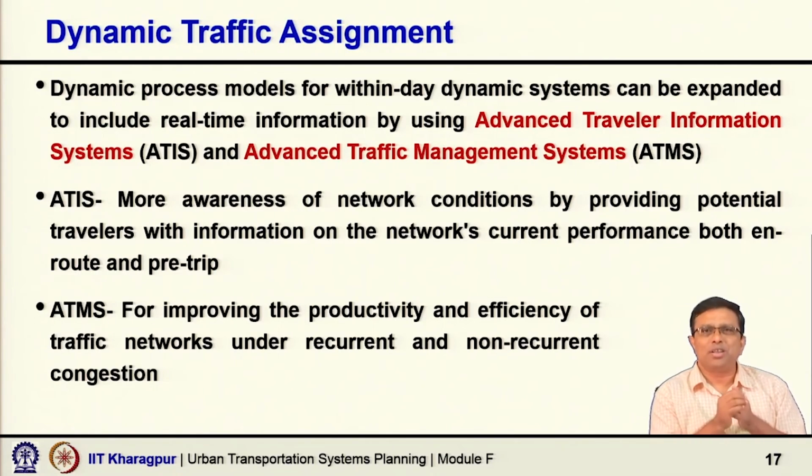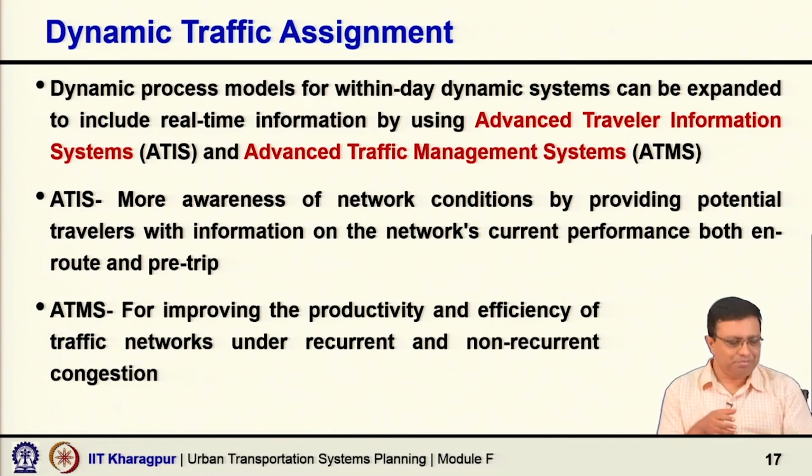What is non-recurrent? Suddenly one vehicle breakdown has come, so suddenly congestion happens. It is not that every day there is a vehicle breakdown at that location. Or maybe two vehicles met with an accident and therefore the congestion occurs. It does not happen every day at that location at that time.